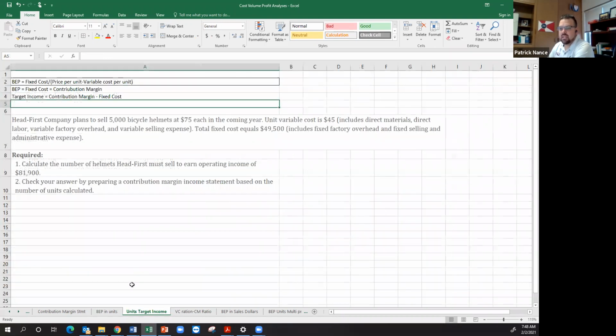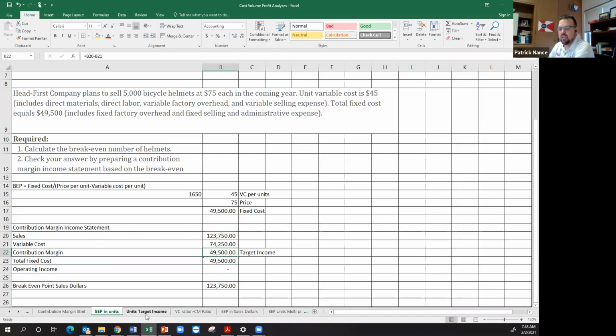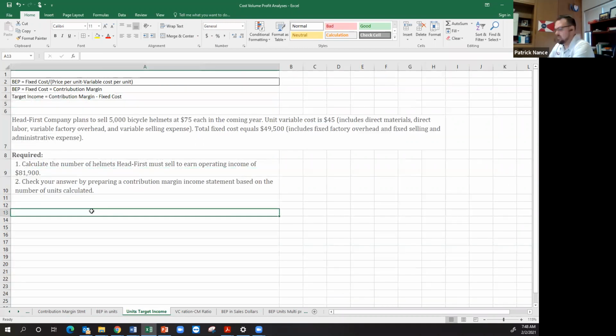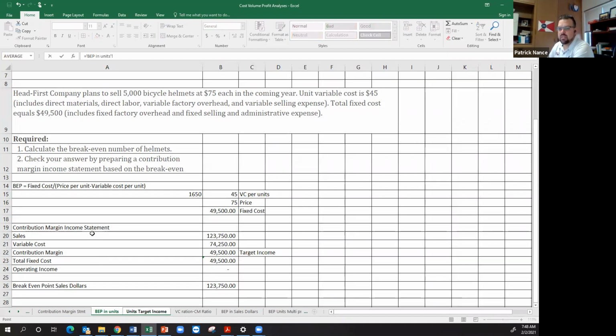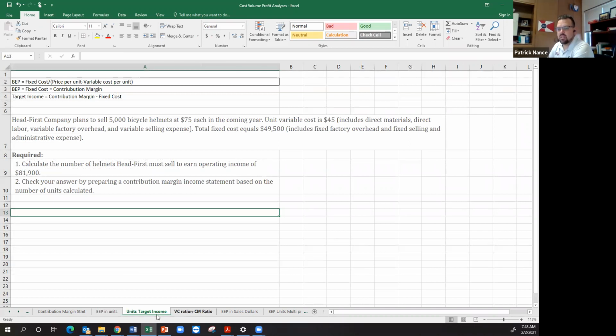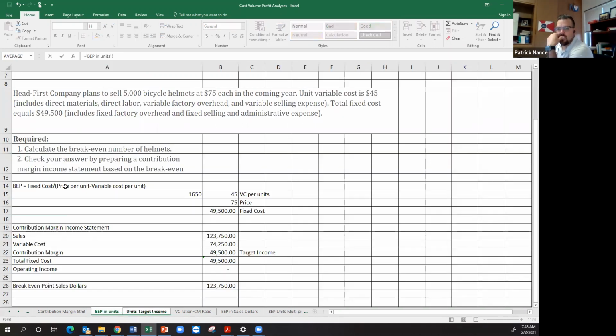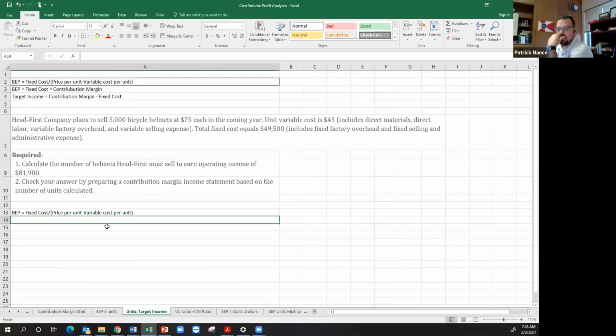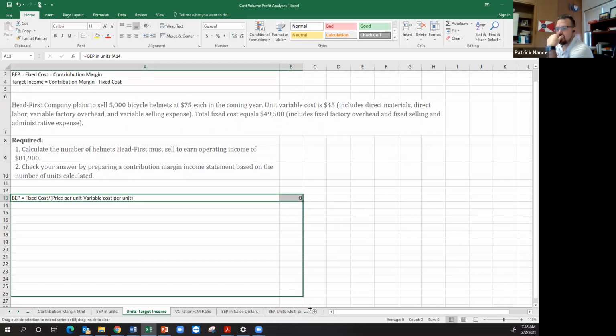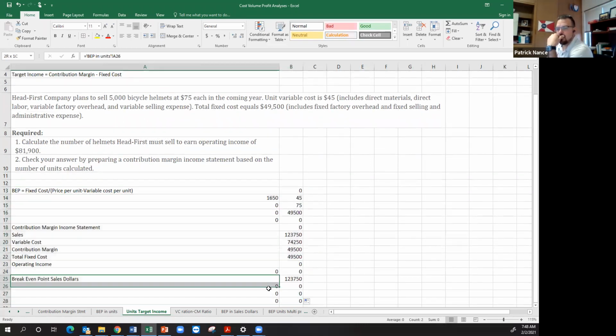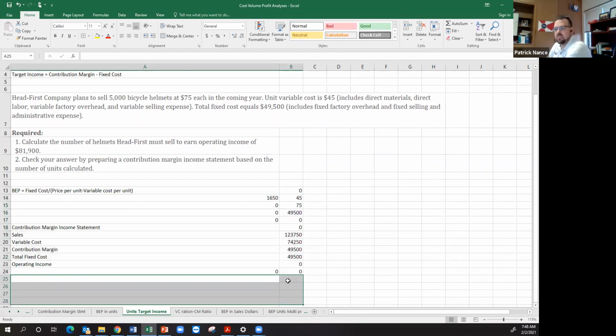So let's take the old contribution margin income statement. This is not the target one. This is the break-even point. Actually, I'm going to take this whole thing. I'm just going to use most of this.